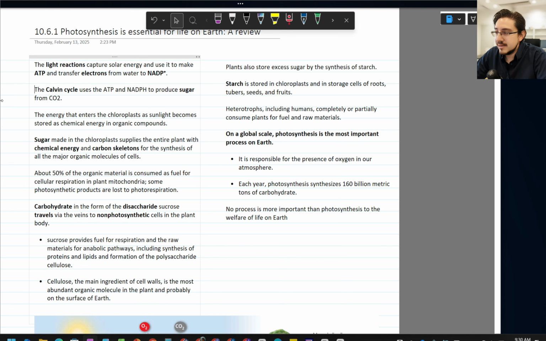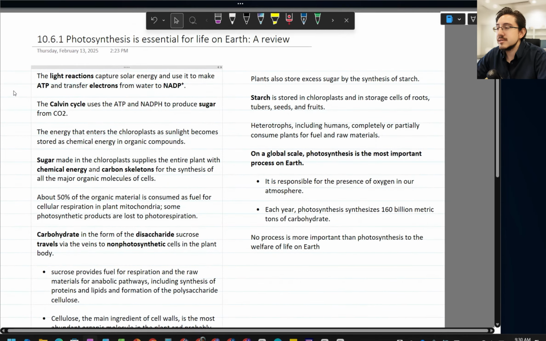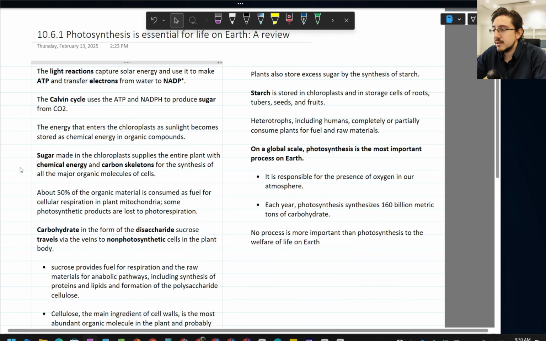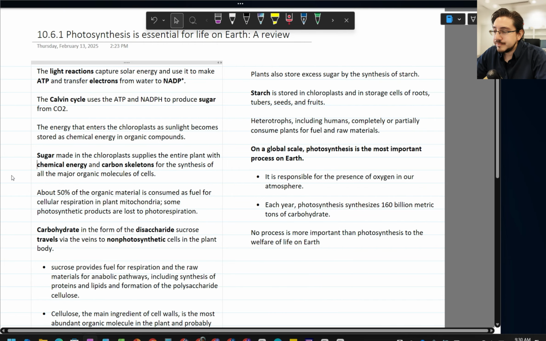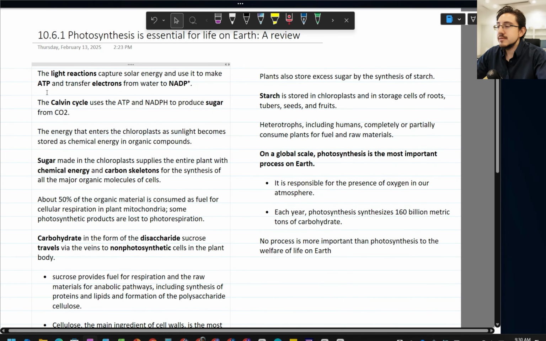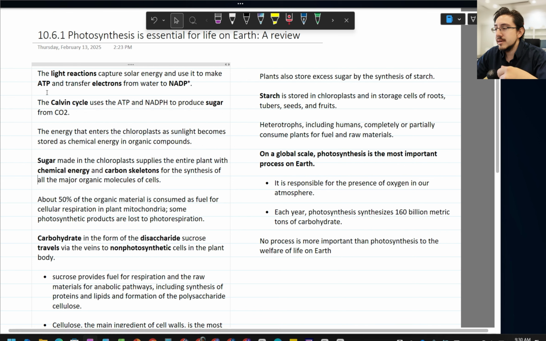The last section of this chapter: photosynthesis is essential for life on Earth. This is just an overview of the importance of photosynthesis itself, and the main reactions that occur. The light reactions capture solar energy, use it to make ATP, and transfer electrons from water to NADP plus to produce NADPH.